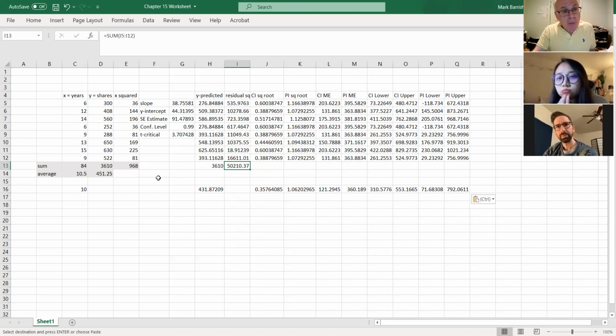Now, you have to modify this spreadsheet if you have more than 8 XY points. I hope you can figure out how to do that. You're going to be copying all these formulas down until you get to the very end.